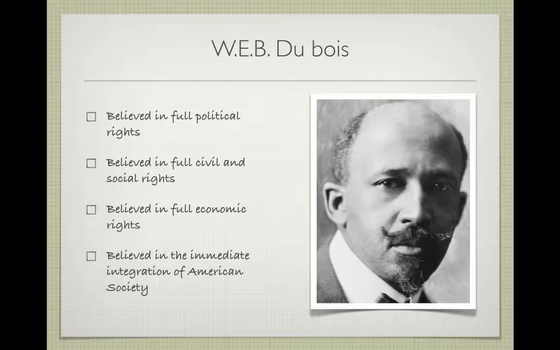So you had these two philosophies, one more conservative, like Booker T. Washington's, one more radical, like W.B. Du Bois. And these were the big philosophers of that time. W.E.B. Du Bois created the NAACP, the National Association for the Advancement of Colored People.